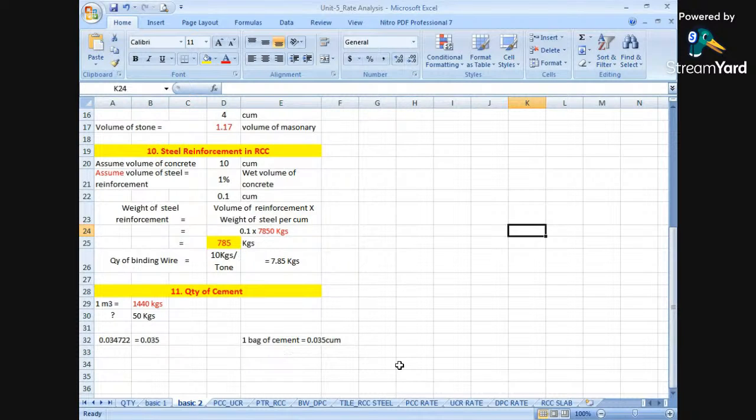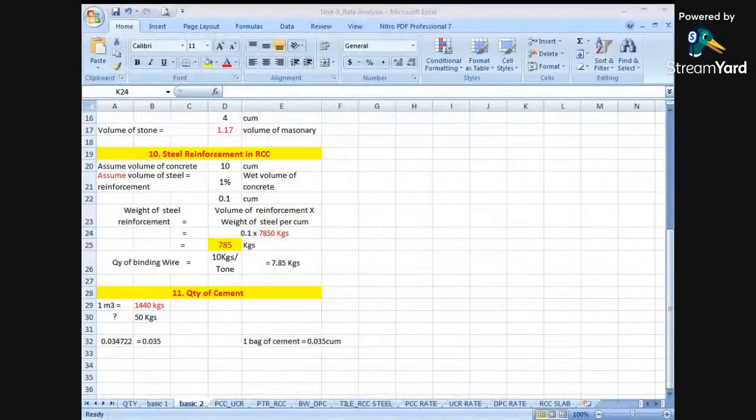Okay? So these are the basic things which are used to find out the quantities of different items. We can find out the quantity of fine aggregate, coarse aggregate, cement or steel, or the waterproofing agents, or the binding wires required for a particular type of work.